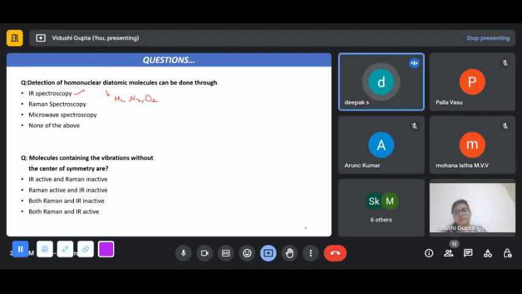So can we detect it with microwave? Is it possible? Your voice is breaking. I only heard microwave is inactive for homonuclear. So can we detect it with microwave? No, microwave can't detect.